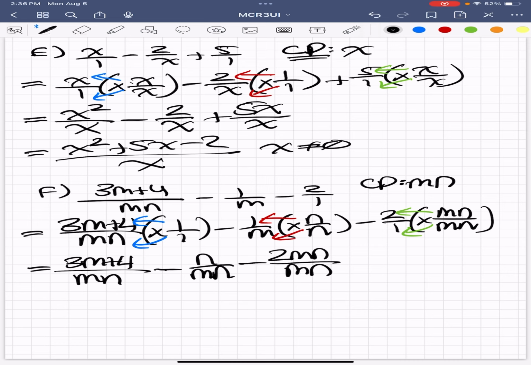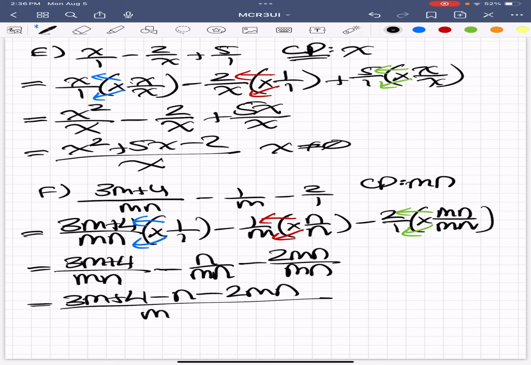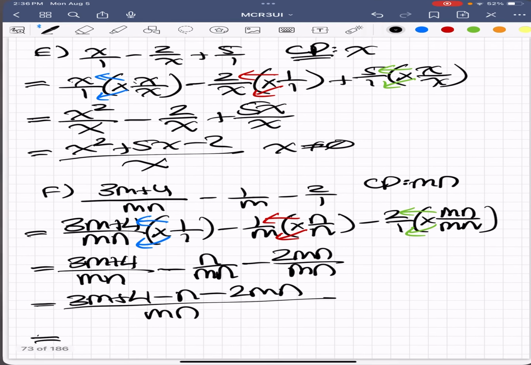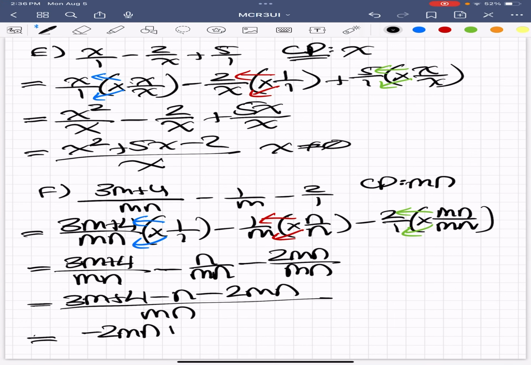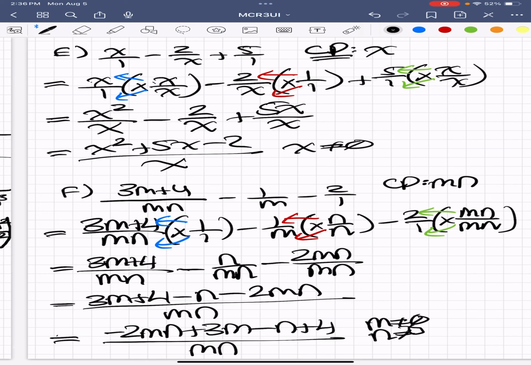So as you can see here, we have common denominators of m, n, and then we add and subtract the numerators. And that's our final answer.